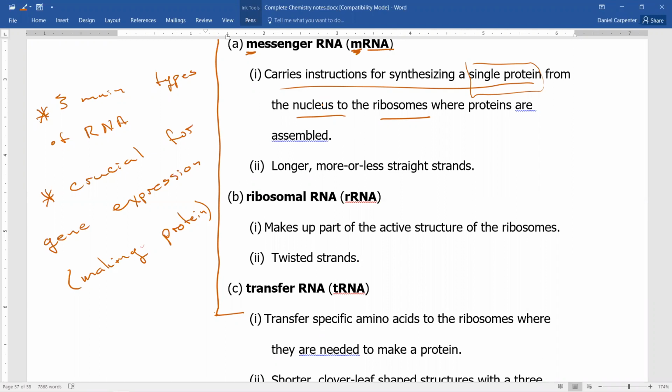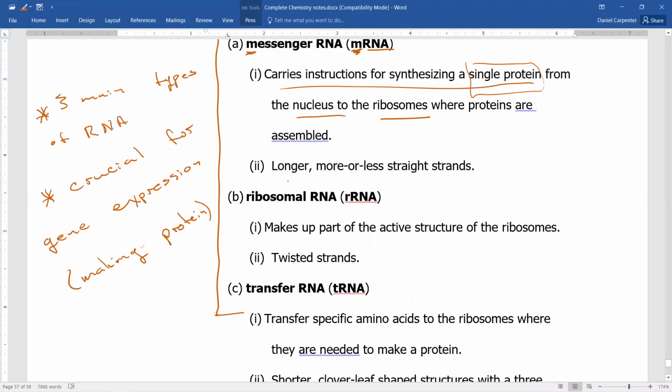It's just one specific recipe or set of instructions on like a note card, except it's not on a note card. We're talking figuratively here. That can be taken from the nucleus, that would be like the reference library or the cookbook, to the kitchen, let's say, where you're making, or to the computer where you're writing your paper.